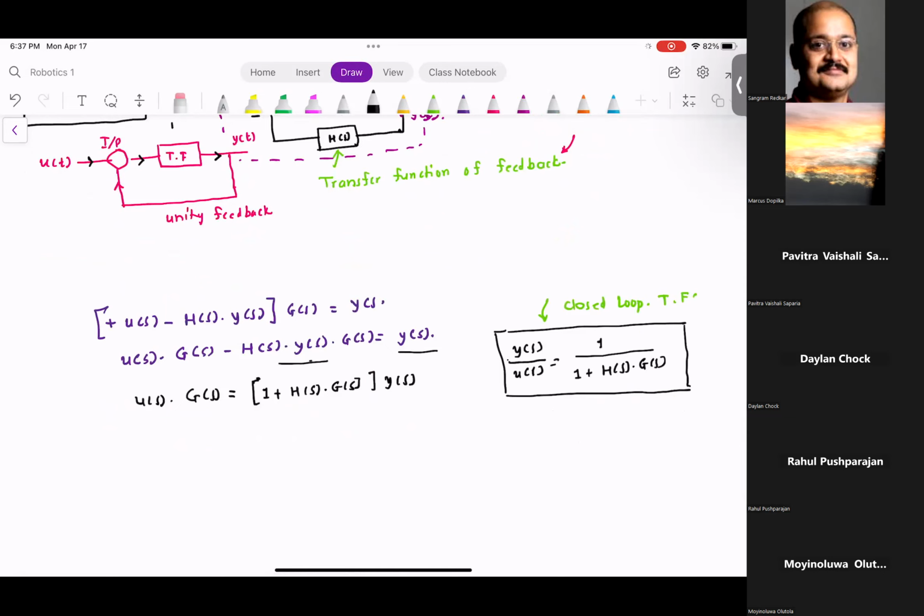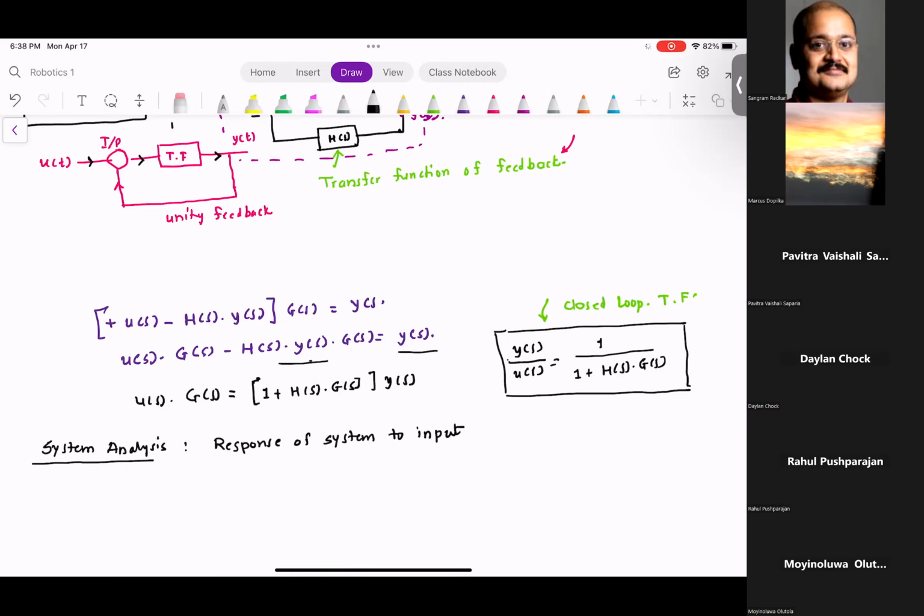And when you look at the system analysis, it is nothing but response of system to input.